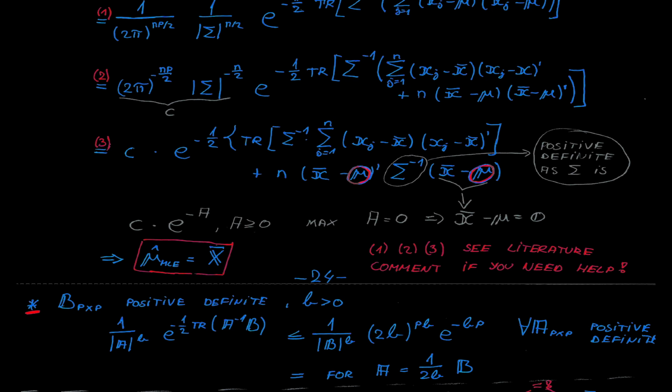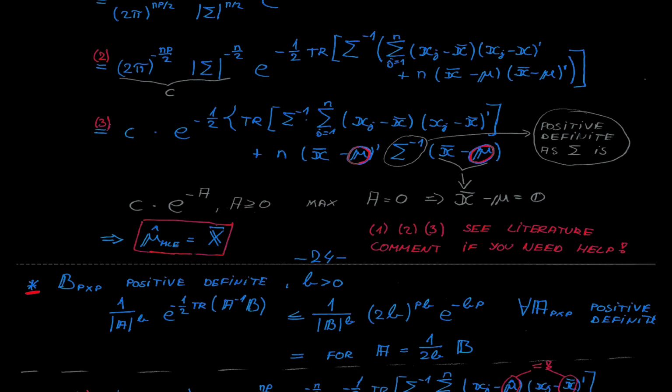So just to repeat, when we have this exponential function of some parameter, let's say a, and that a is larger than or equal to 0 always, we know that the maximum of this function is actually at 0.